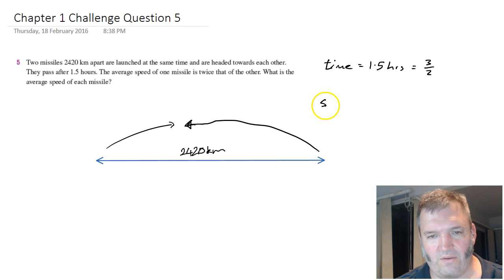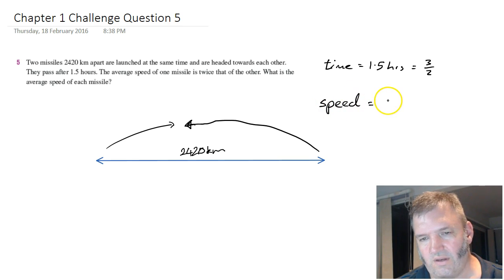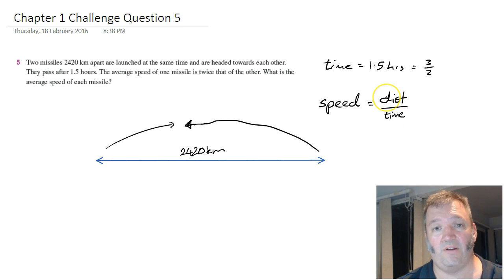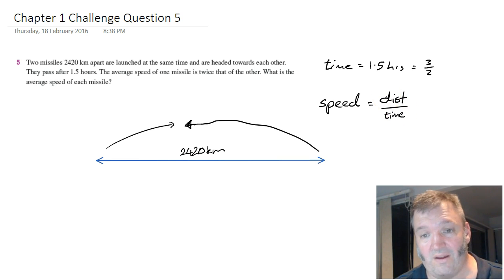Now, usually when we're talking about speed, speed is equal to distance divided by time. The way I always remember that is the standard speed I use is kilometres per hour, so kilometres divided by hour, and hour is a time measurement, so that's why distance divided by time is speed.